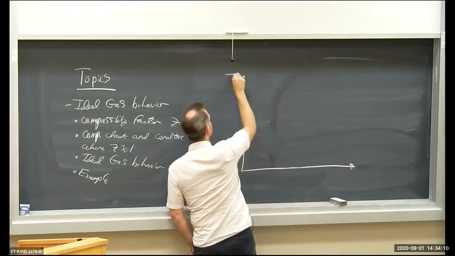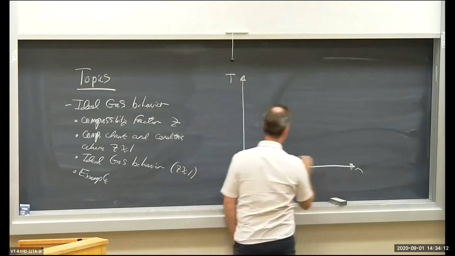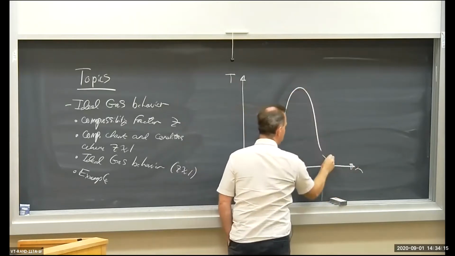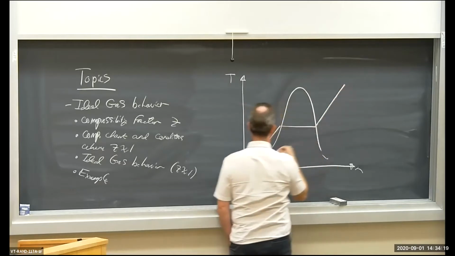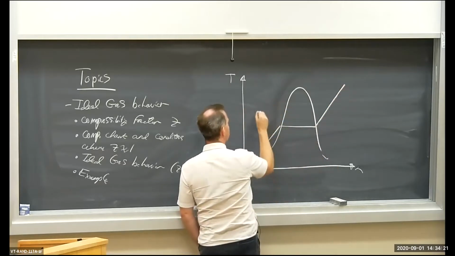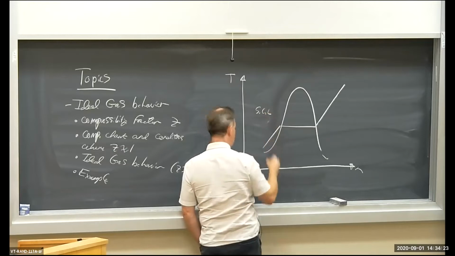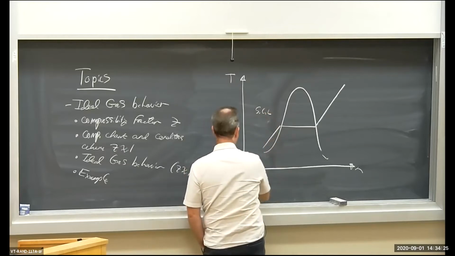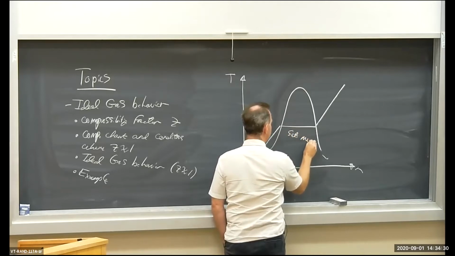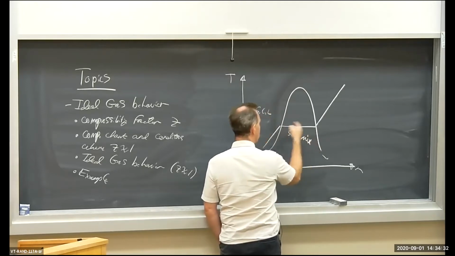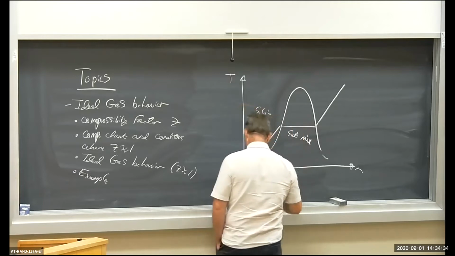So we have temperature, specific volume, we have the saturation dome. Here is an isobar. So here we have supercooled liquid, SCL. And then here we have saturated mix inside the dome, saturated liquid and saturated vapor on either side of the dome.